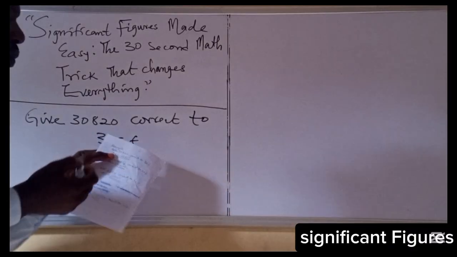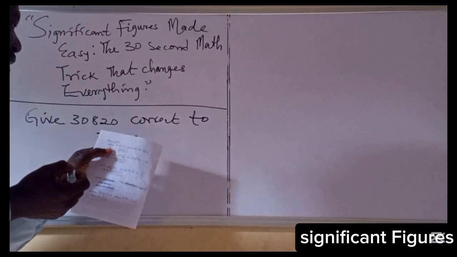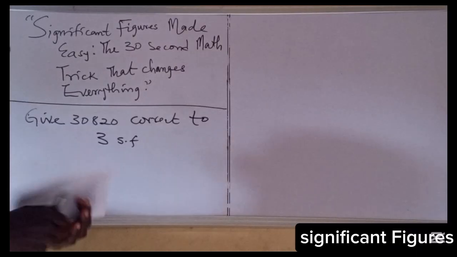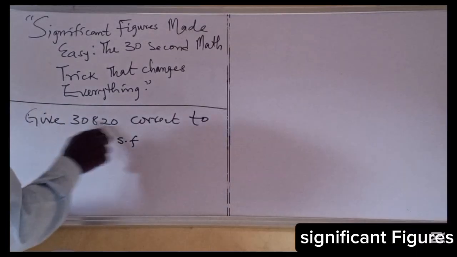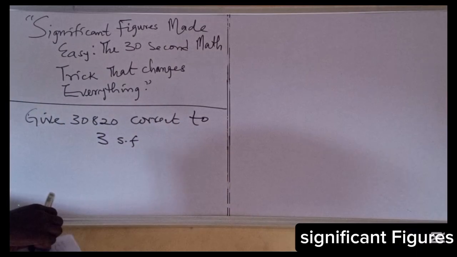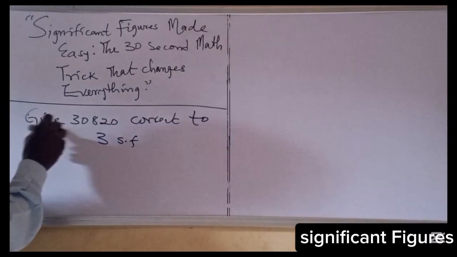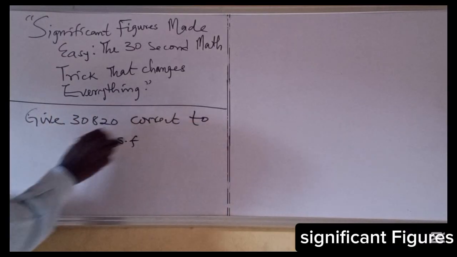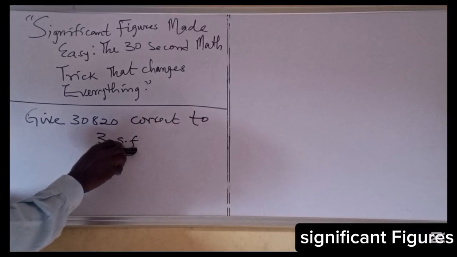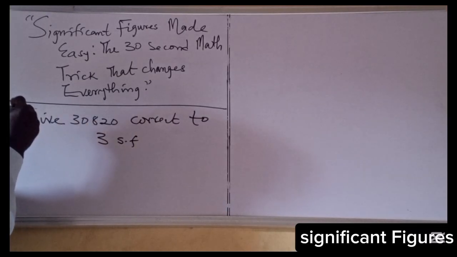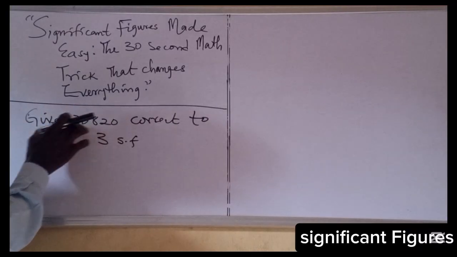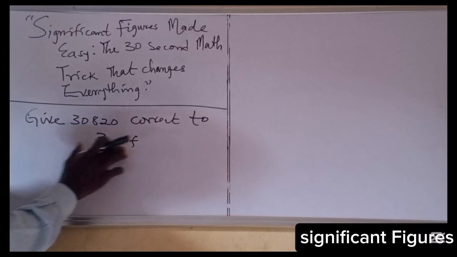This is the short form of significant figure. I want you to listen very carefully. If you look at this example, give 30820 correct to 3 significant figure. What this says is that you should approximate this number to 3 significant figure.